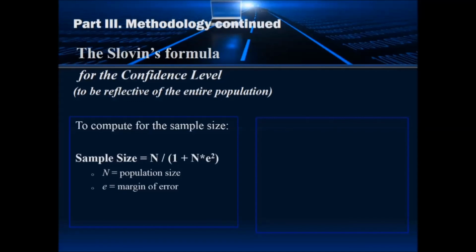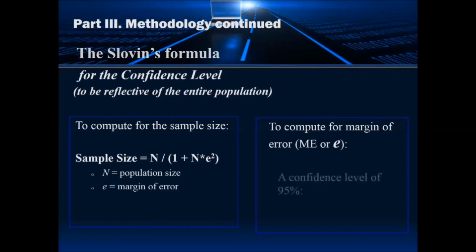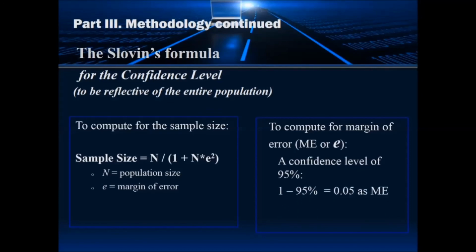To compute for the margin of error, ME or e, a confidence level of 95% will be computed as 1 minus 0.95 equals 0.05 as the margin of error. A confidence level of 98%, 1 minus 0.98 will result to 0.02 as the margin of error.